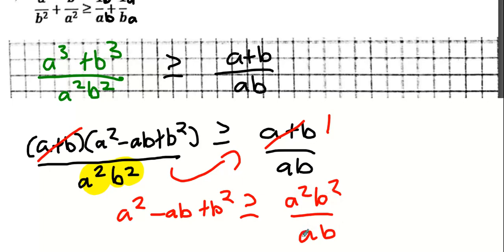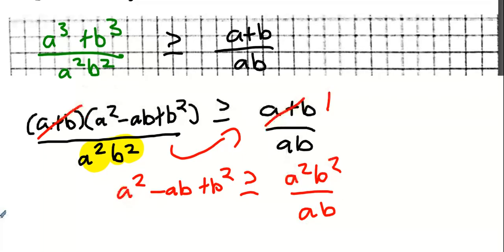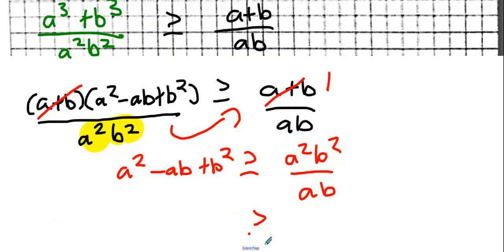Do a bit of cancelling here, and what do we have now? a squared divided by a, b squared divided by b. Does everybody see it now? Everybody see it? Bring the ab to the left, and what do we get?